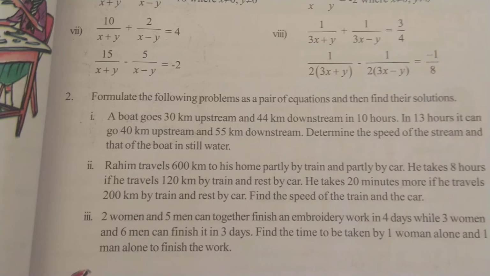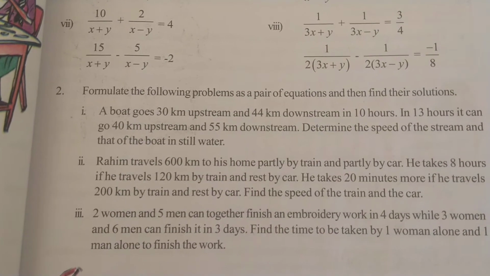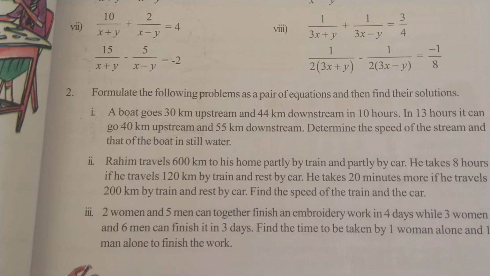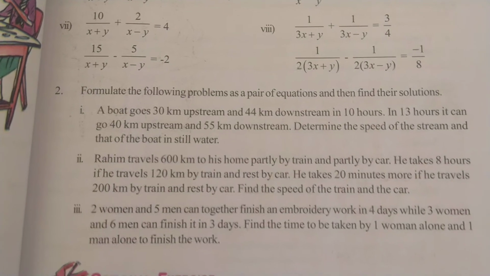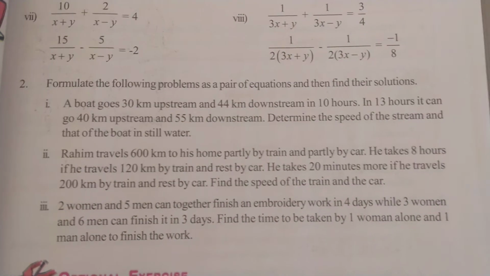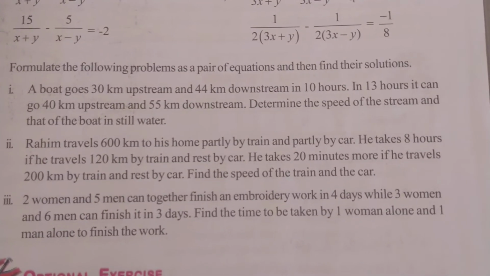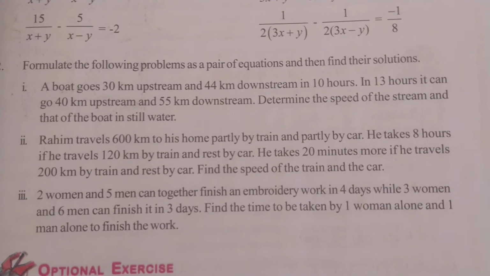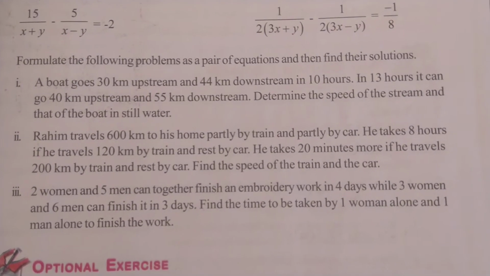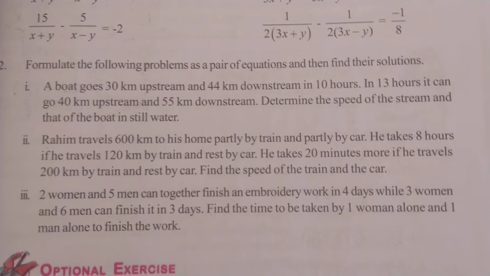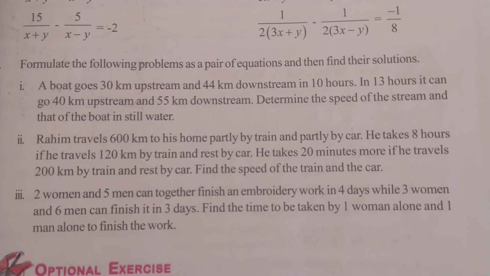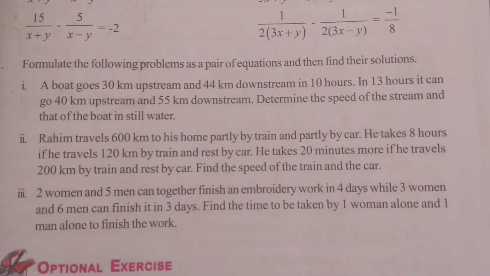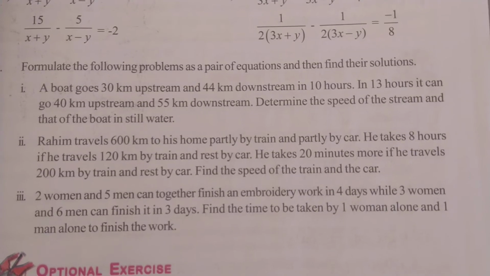Also keep one thing in mind, a boat can move upstream only when the speed of the boat is greater than the speed of the stream. That is, the velocity of the boat must be greater than the velocity of the stream, then only upstream movement can be done.